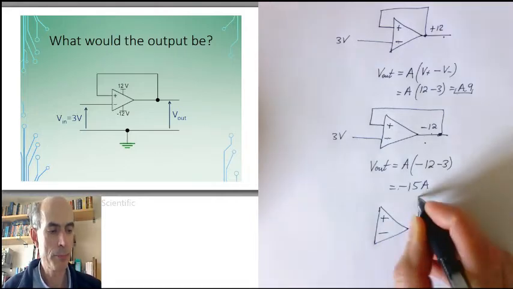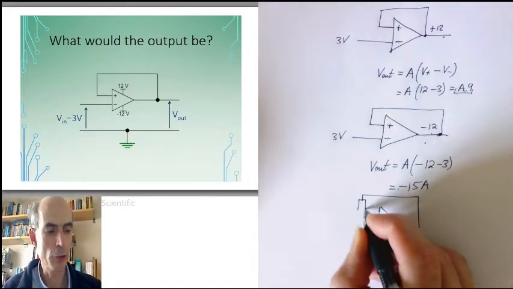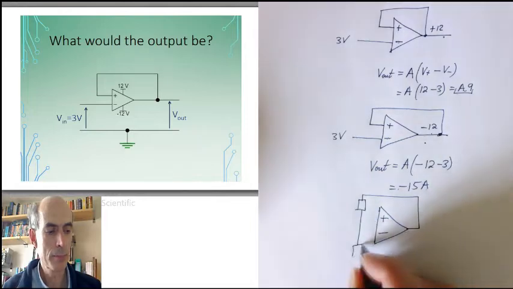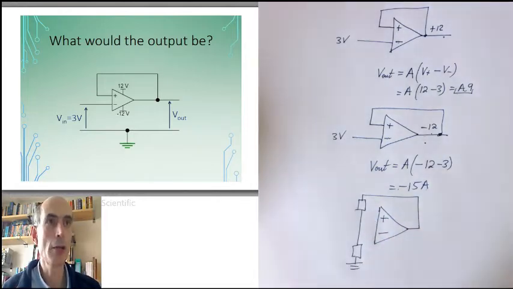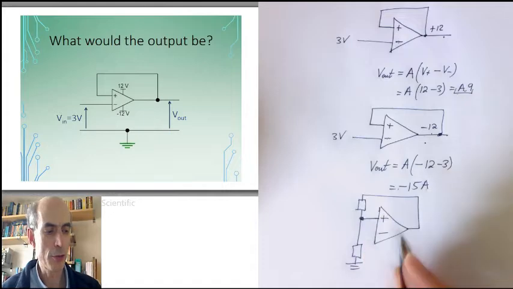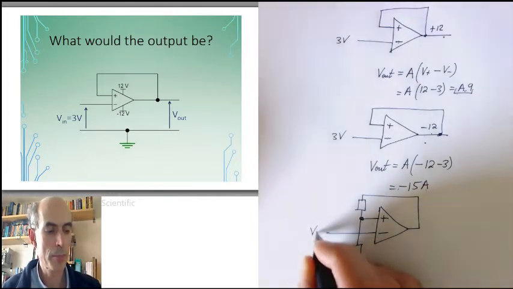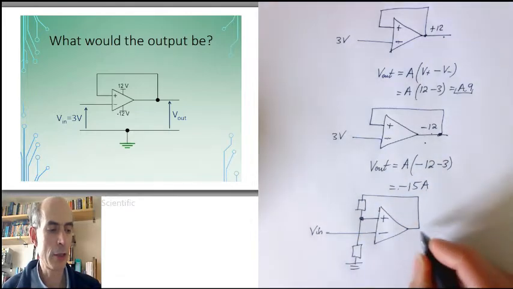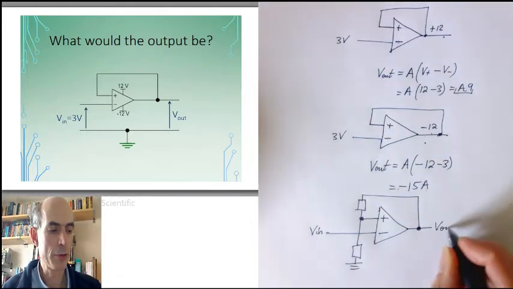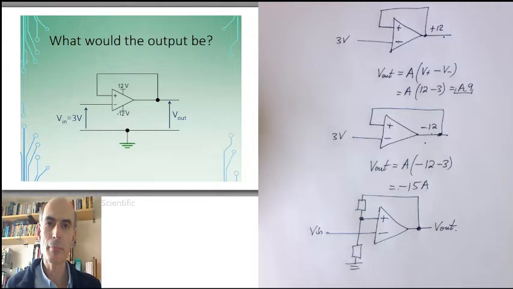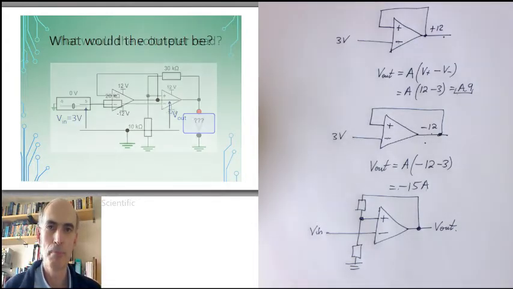Take the output, feed it through a potential divider, take the output of the potential divider and use that as our positive feedback, and put our input into the inverting input of our circuit. And now we have a circuit with much more interesting properties.